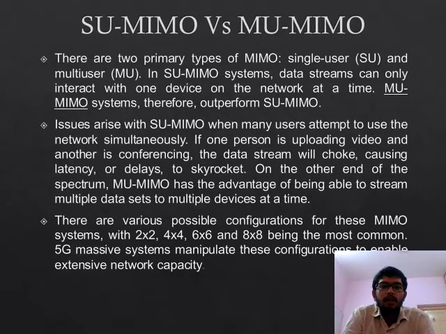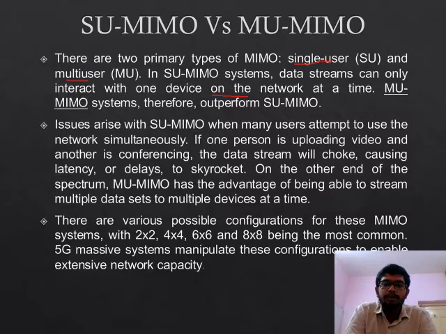The next slide is about single user MIMO versus multi-user MIMO. There are two primary types of MIMO: one is single user and another is multi-user. In a single user MIMO system, the data stream can only interact with one device on the network at the same time, like a private network.